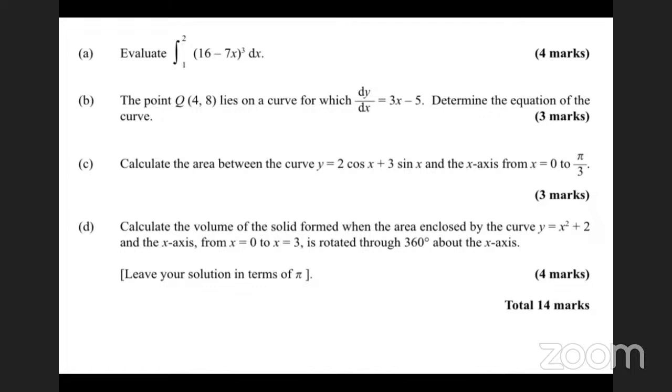You can do A fast. Anybody do A? Those who finish C go on to A real fast. I'll just tell you what the answer is. Dimitri got 233.75. Yeah, Hussein got that too.